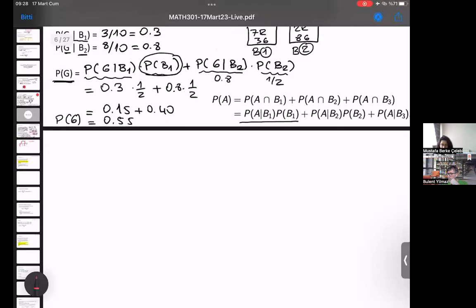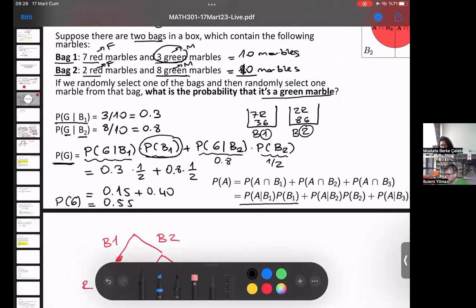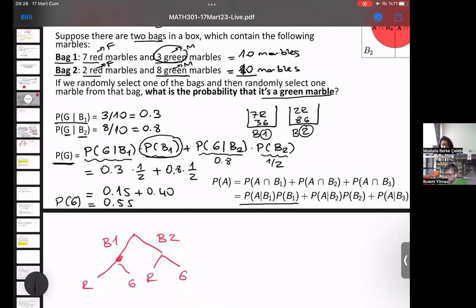Can you tell me how I should come up with a tree diagram here? There will be bag 1, bag 2, and then there will be red and green, red and green, right? So if I come here and write, what's the probability of obtaining the first bag? 0.5.